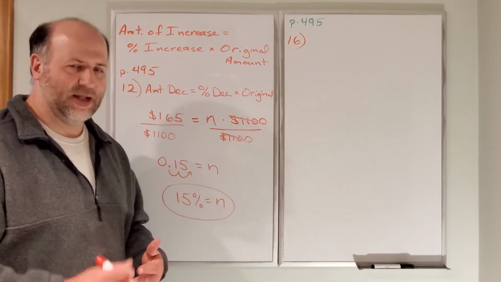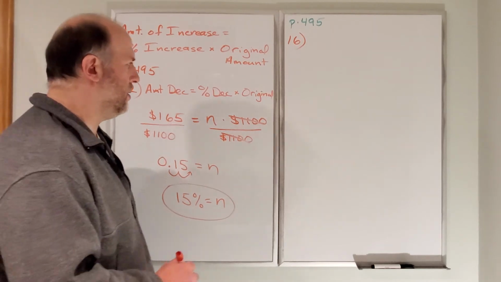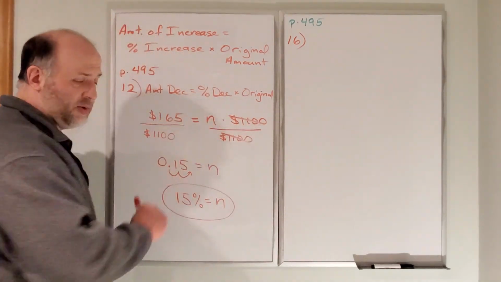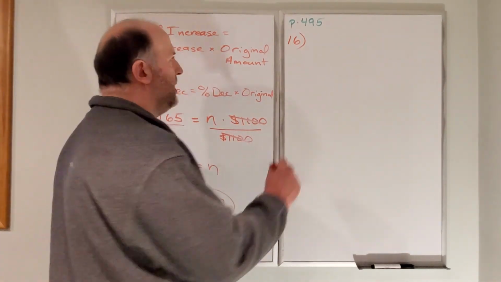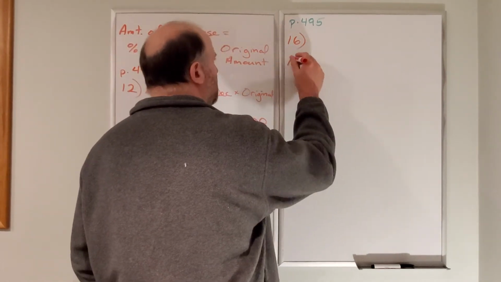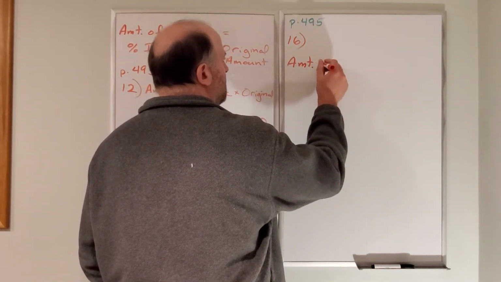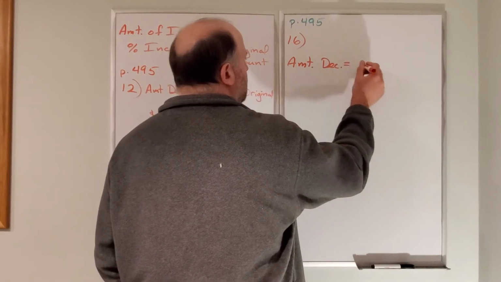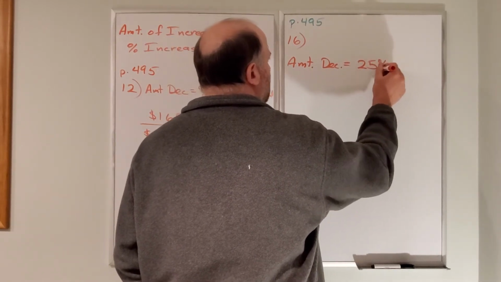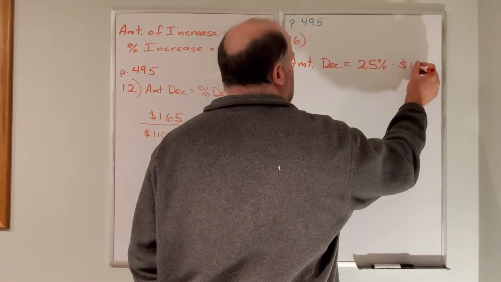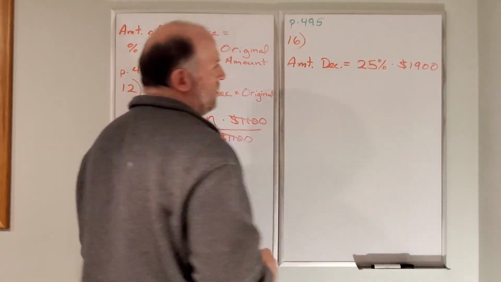The original or list price is $1,900. And they told us the percent decrease is 25%. So the amount of decrease is equal to 25% times $1,900.